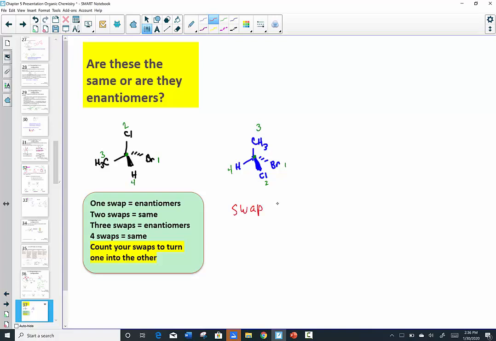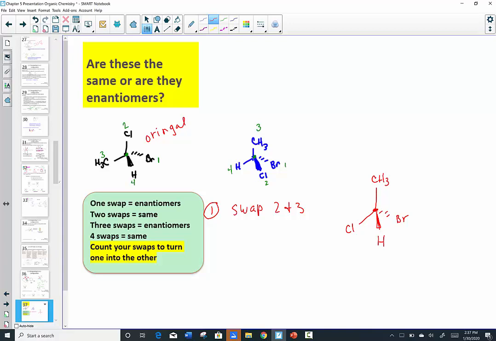For the first one, let's swap 2 with 3. And then let's redraw. So this is the original. This is our first swap. So let me redraw. I have the carbon here. And now I'm going to swap for chlorine here. Methyl came up, and that's where I wanted it. And then, of course, bromine stayed the same, as did the hydrogen.